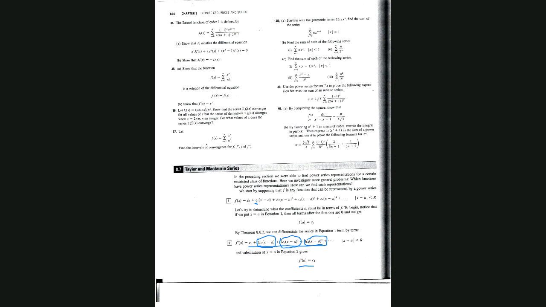Look, for the first coefficient, we needed to take the first derivative. To get the second coefficient, how about the second derivative? Second derivative.